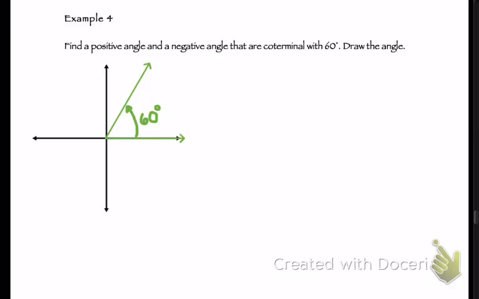So it looks like there is 60 degrees. I ask you to find a positive and a negative that are coterminal with that 60 degrees. So what do you think?